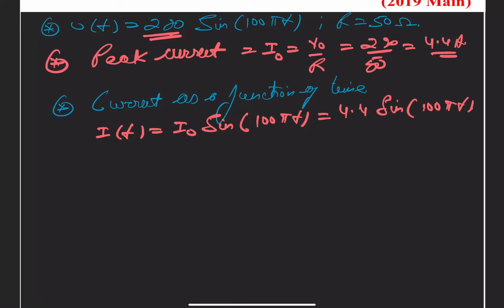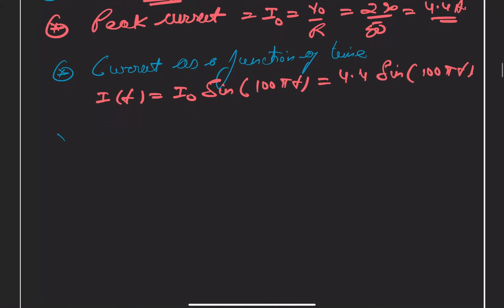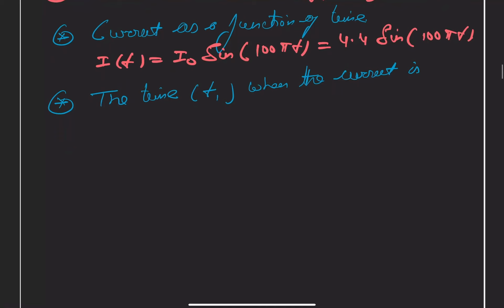Let us find out the time when the current is half the peak value. Let us call that time t1, when the current is half of the peak value.